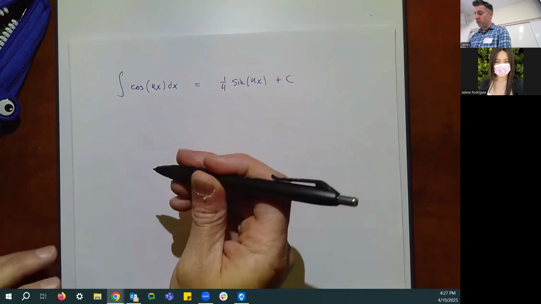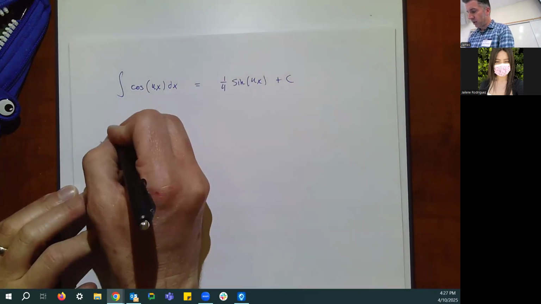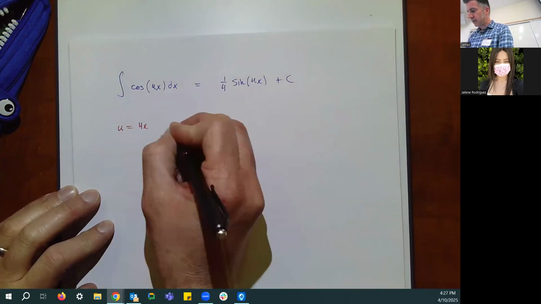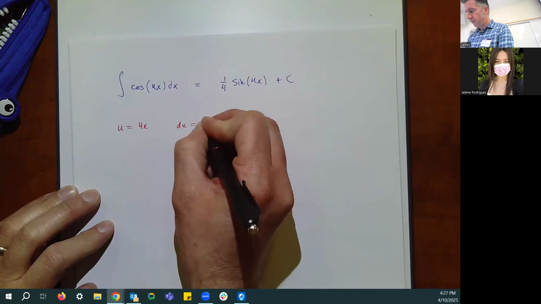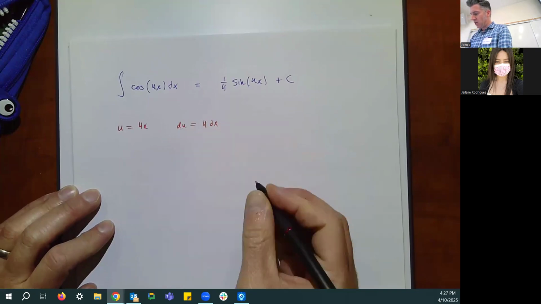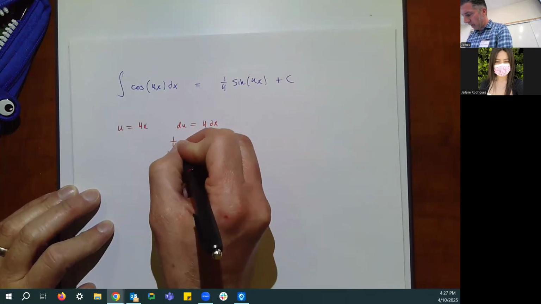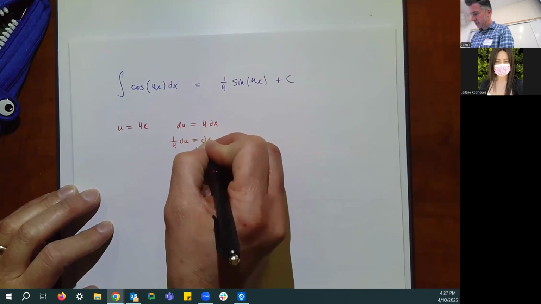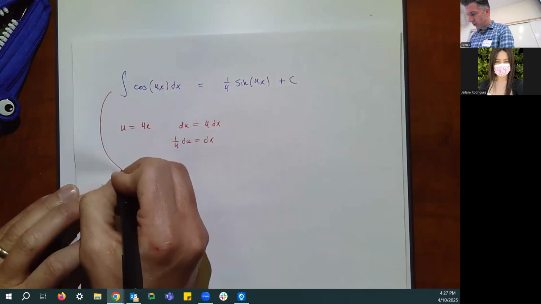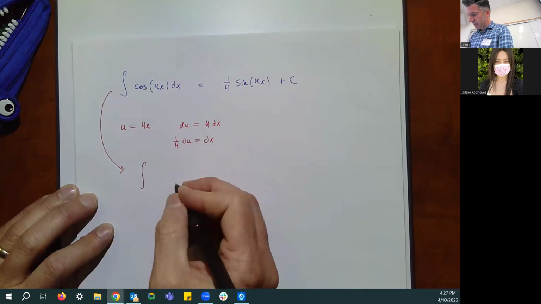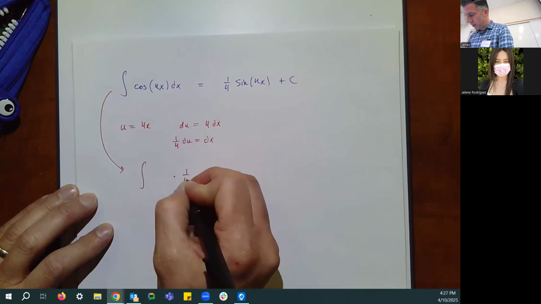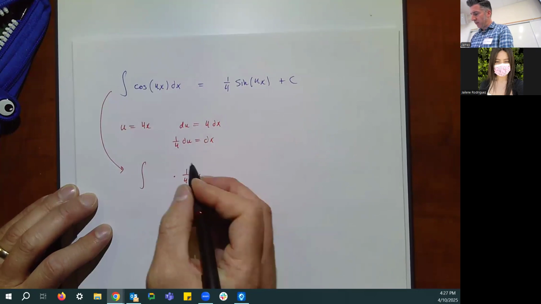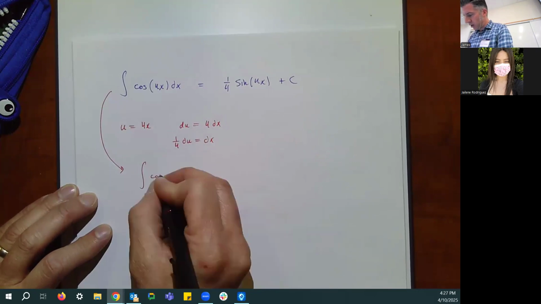So if we were going to do the u-substitution here, here's how it would look. We would say that u is equal to 4x. My du is 4 times dx, or 1/4 times du is equal to dx. So the integral is going to become the integral of, well, my dx is 1/4 du, and my cosine of 4x is cosine of u.